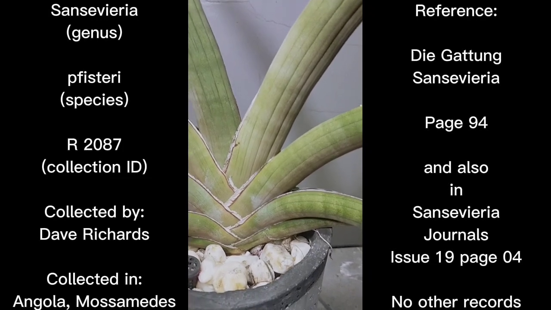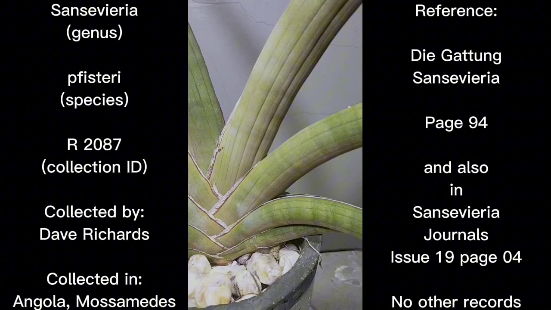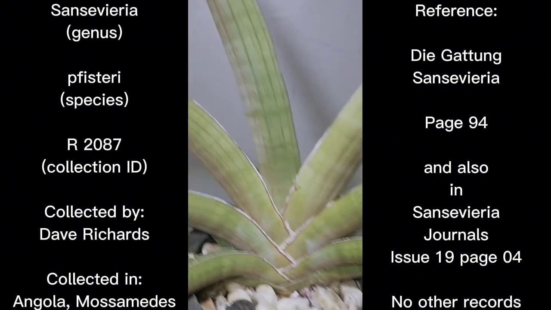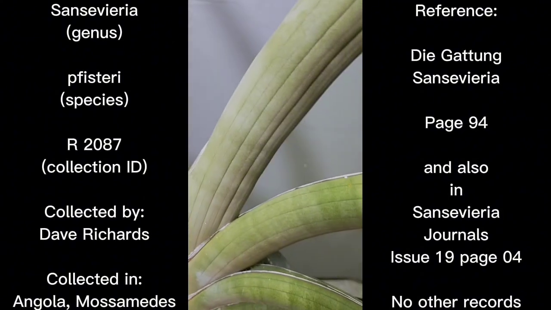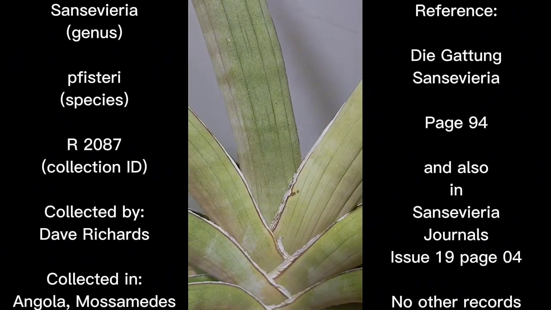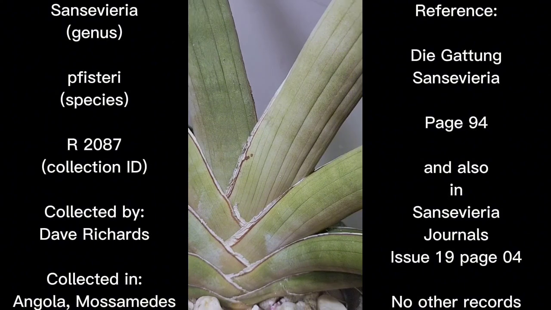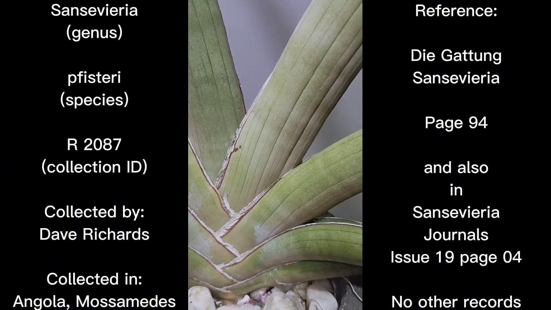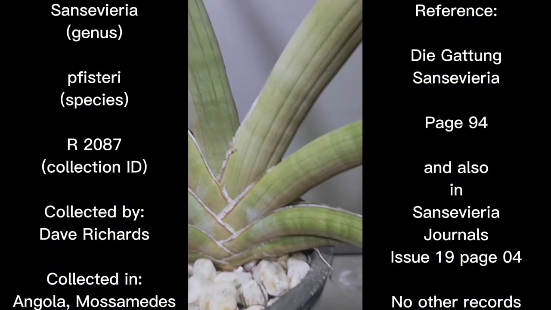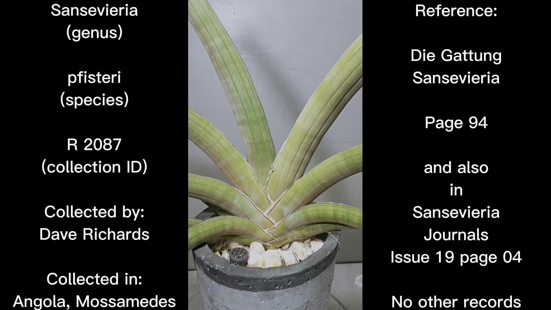So that's the color of the rhizomes, which can grow to 40 centimeters long. The leaves are very thick, as what I'm showing you right now. It is indeed very thick and almost cylindrical, slightly laterally compressed. When fully grown, they are evenly spread, so they're distichous in form.